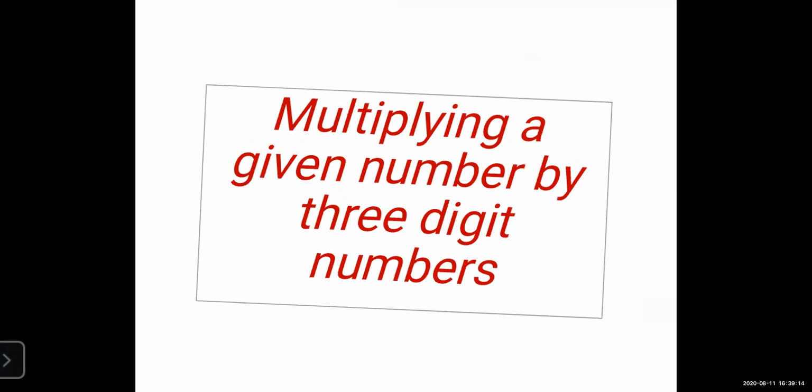See, a new chapter, that is multiplication. The name of the topic is multiplying a given number by 3-digit numbers. Okay, meaning here we will multiply a 3-digit number by 3-digit numbers.